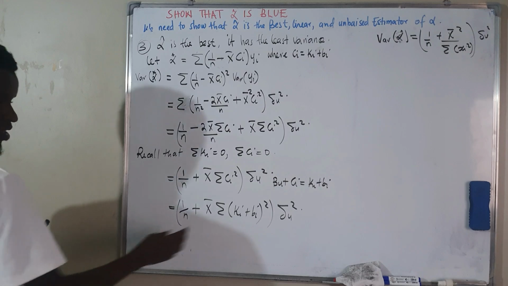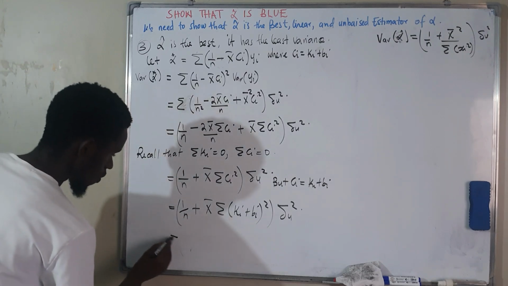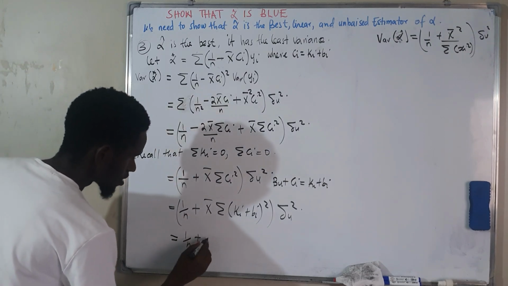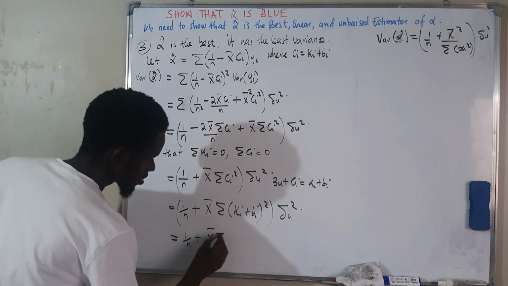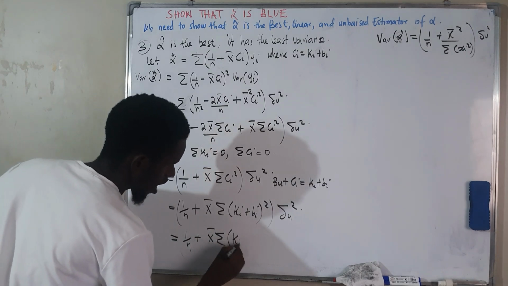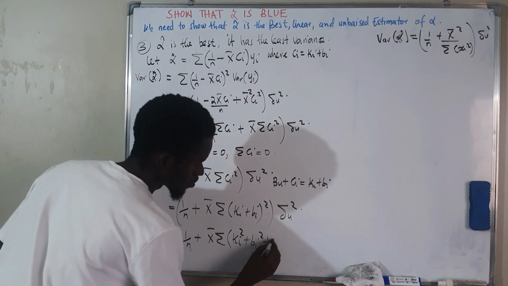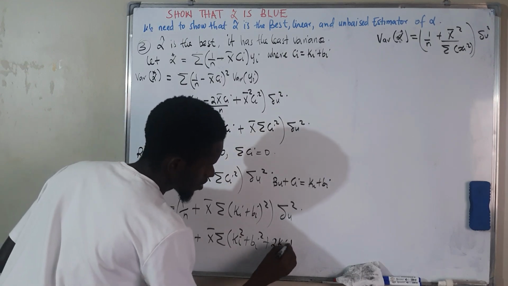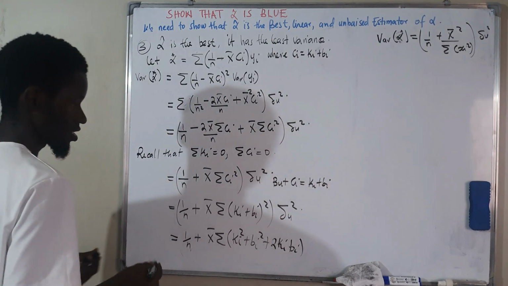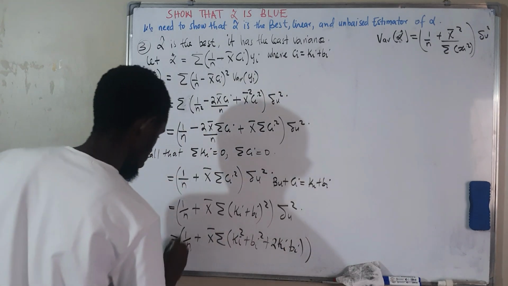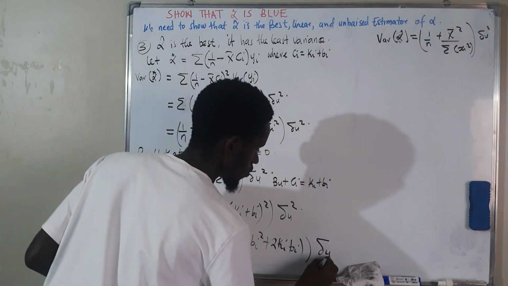On the same step, if I open brackets, I'll have 1 over n plus x bar squared, summation of ki squared plus bi squared plus 2 ki bi, everything times sigma u squared.